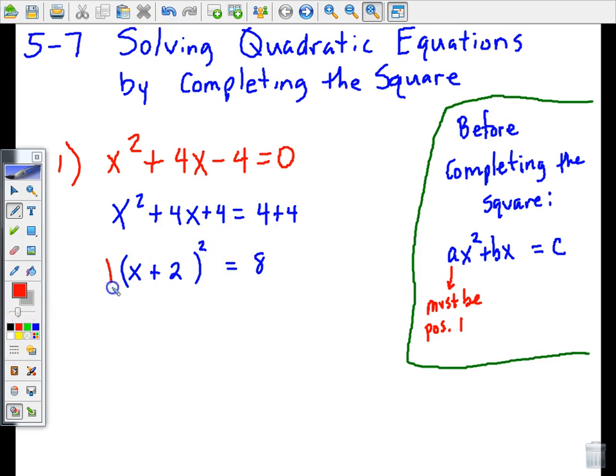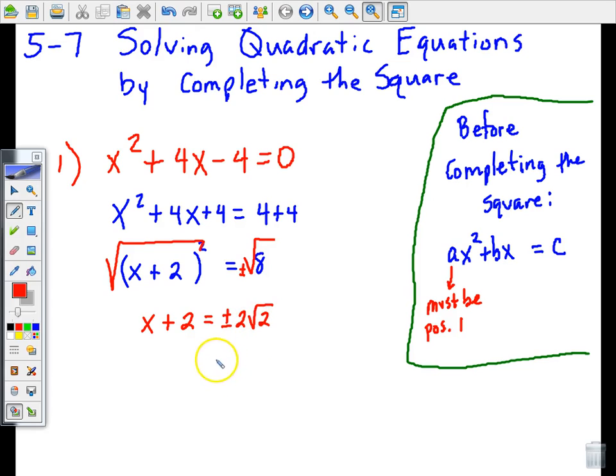To solve for x, my next move is to do the square root of both sides of the equation. I always include plus minus whenever I do the square root of both sides. That makes this 2 go away, and I'm left with x plus 2 equals plus minus, and I need to simplify the square root of 8. And just remember our review of simplifying radicals.